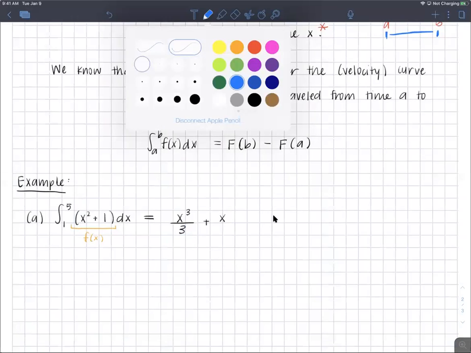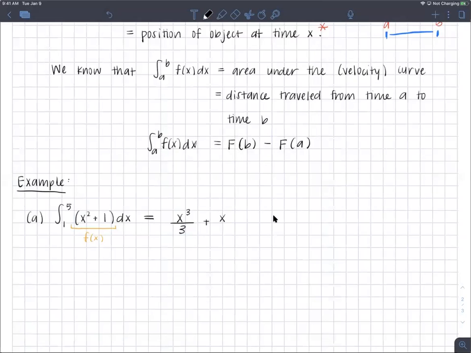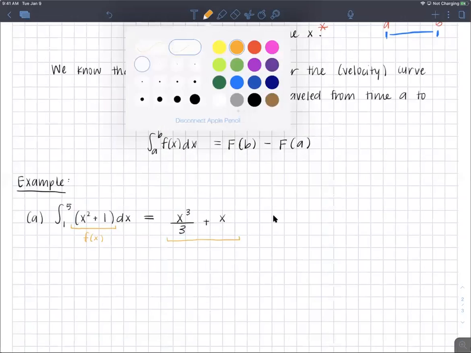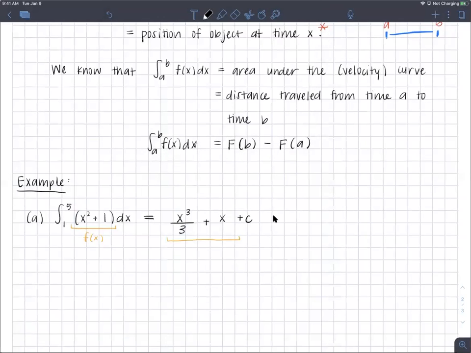Okay, but so this is the antiderivative now. This is just the antiderivative with constant 0, right? Because remember, with antiderivatives you can have any constant that you want. So yeah, Phil, no. The reason for that is if I include the plus c, then when I do f of b minus f of a, I'm going to get c minus c.